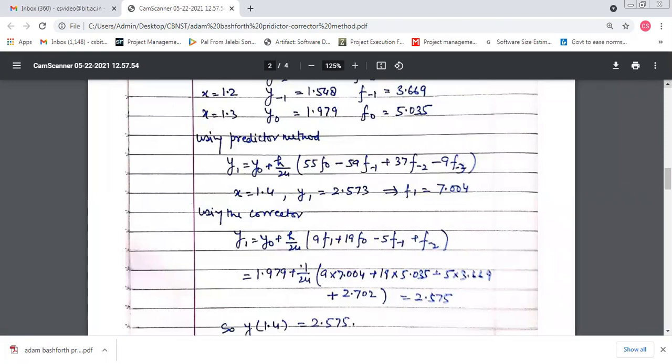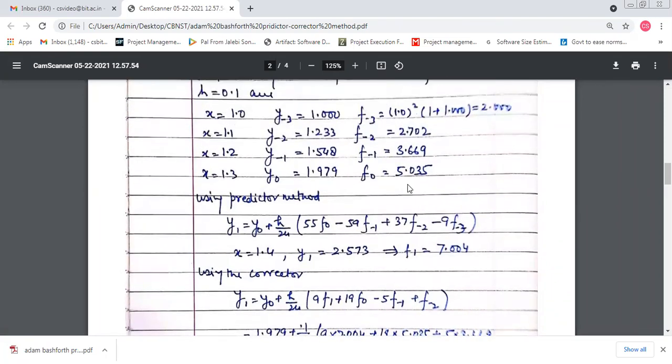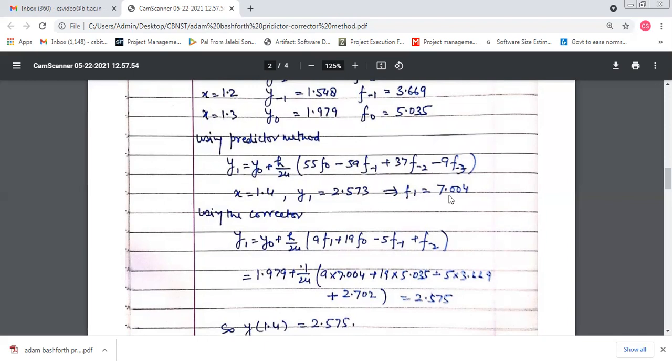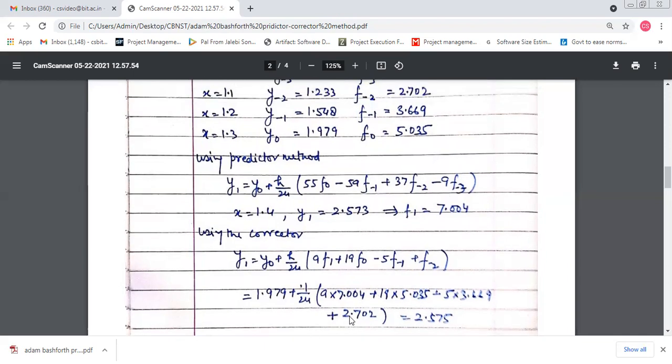What is the value of f0? f0 is equal to 5.035. So 19 into 5.035, minus 5 into f minus 1. f minus 1 is 3.669, so minus 5 into 3.669, plus f minus 2. f minus 2 is 2.702, so plus 2.702. So we are getting 2.575.